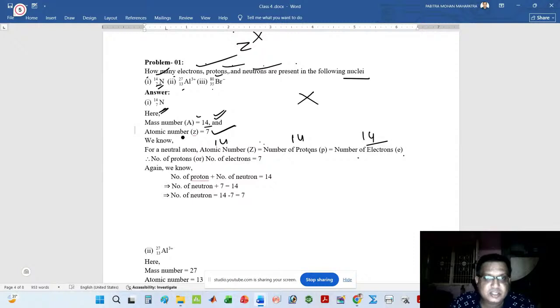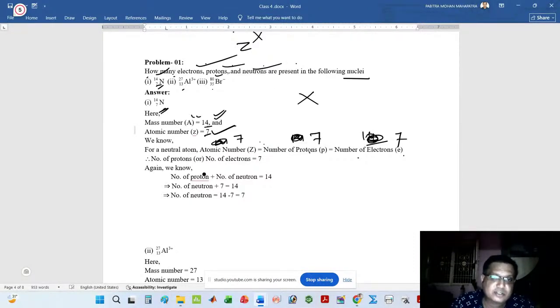In this question, atomic number is 7. So for a neutral atom with atomic number 7, number of protons is 7 and number of electrons is 7. Mass number A is given, that is 14.